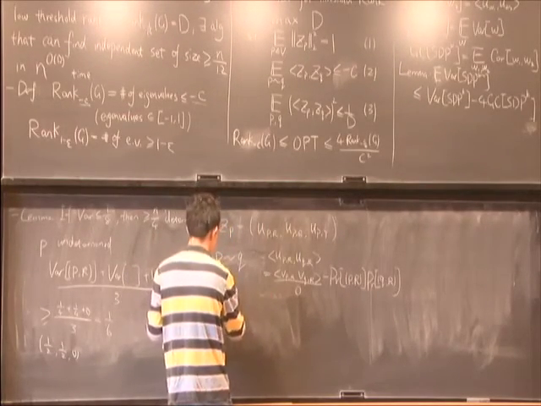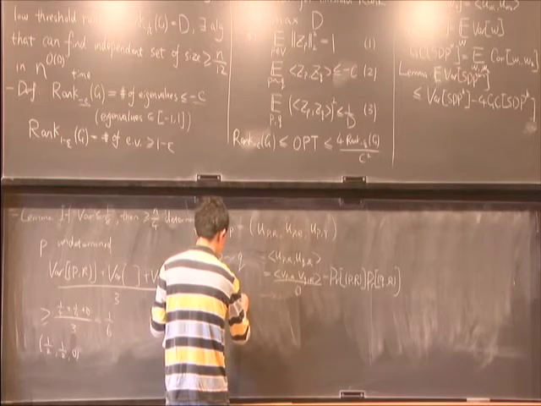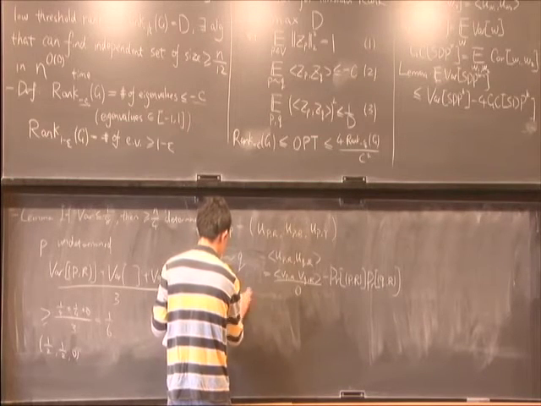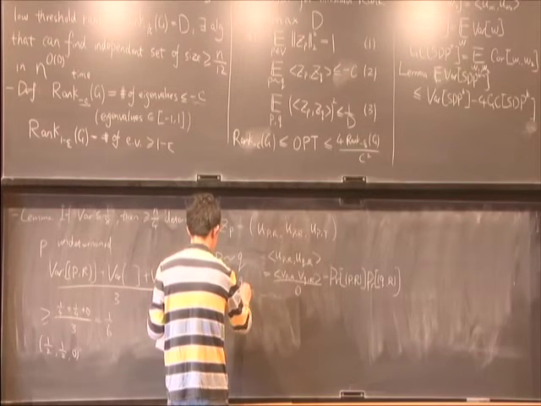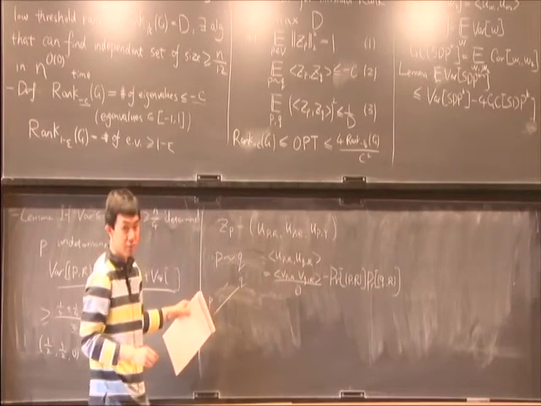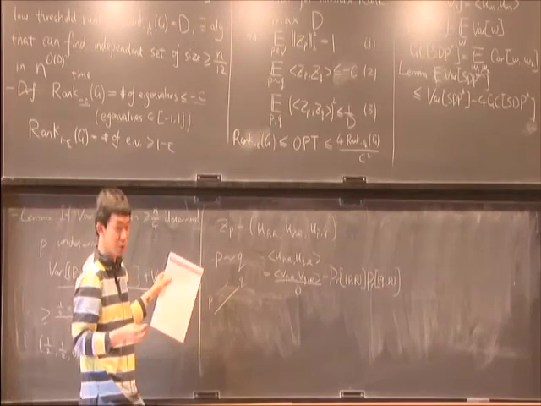Now you see that ZP, ZQ. Okay, so we have this P and Q. If one of them is determined, then we don't care.